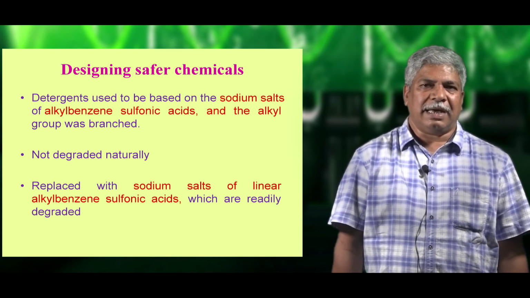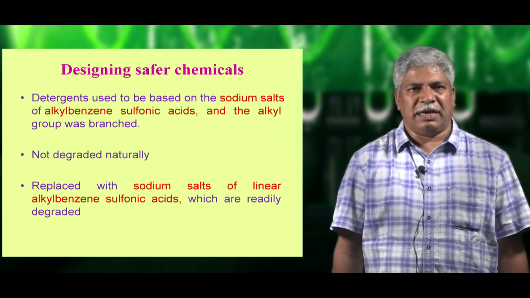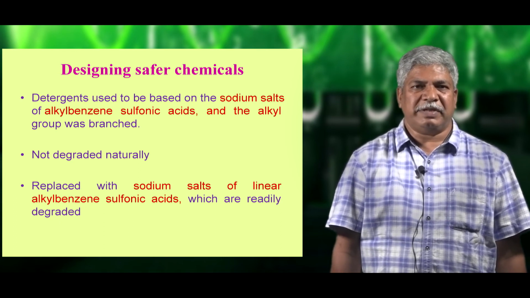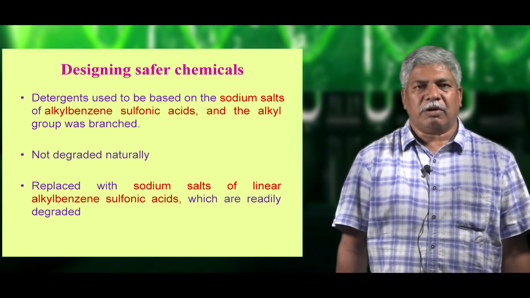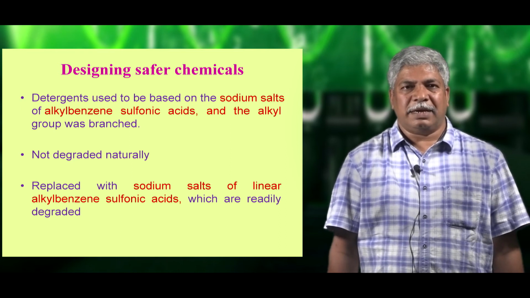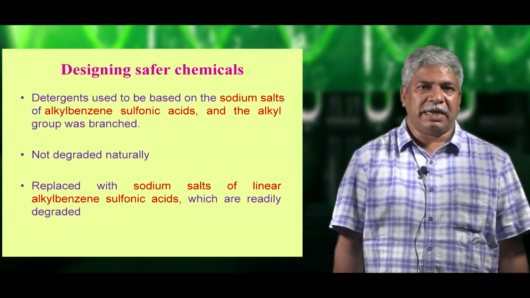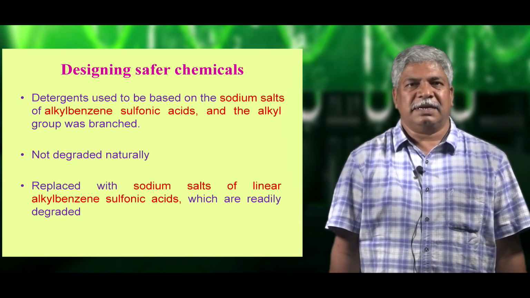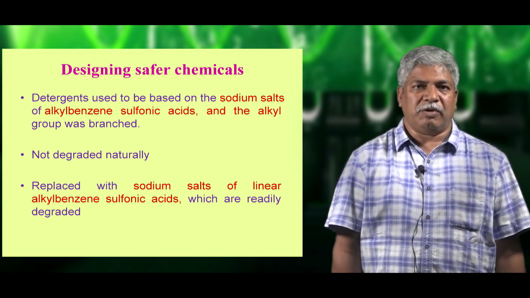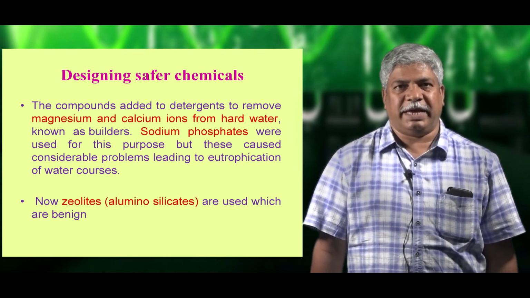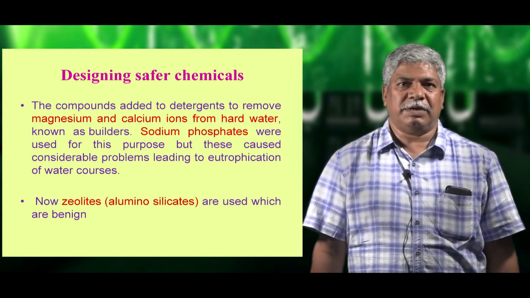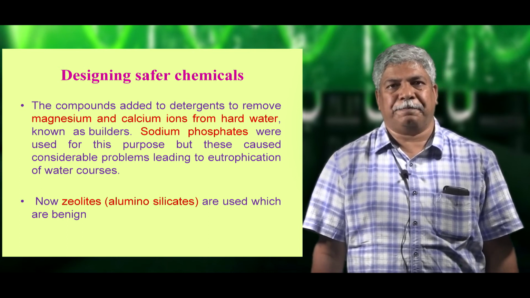Here alkyl is the branched alkyl portion. Branched alkyl benzene sulfonic acids, either sodium salts or potassium salts, with a branched alkyl chain are non-biodegradable. But when they are replaced by linear alkyl benzene sulfonic acids, with linear chains, they are biodegradable. So nowadays enough efforts have been made to prepare linear alkyl benzene sulfonic acids, which will be biodegradable and more suitable for the environment.